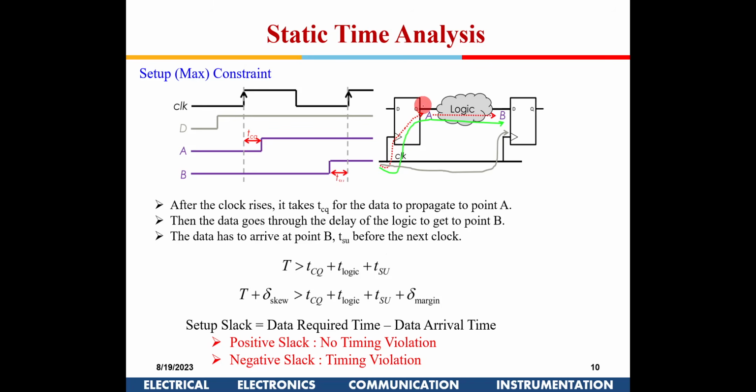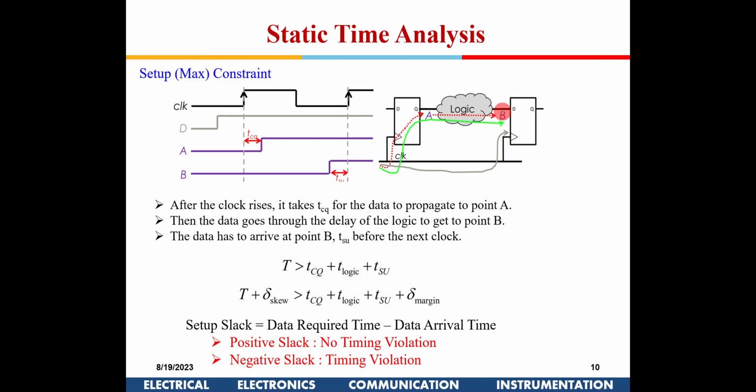So the data of this flip flop will be updated, and there will be some combinational block in between that computes the new value of B, and it will be offered out here as an input to the next flip flop, that is the capture flip flop. That data needs to be captured in the next clock, not in that clock. That's how this works, right? So between one clock and two clock, this data needs to traverse like this.